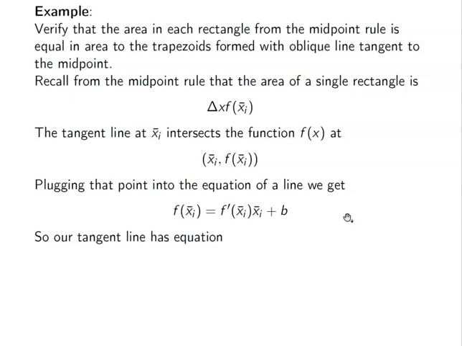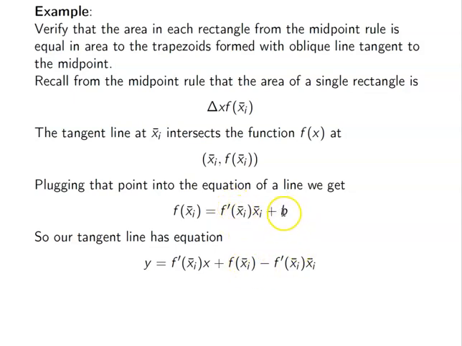So this should be familiar to you. This is the line that this point satisfies. We would like to turn this into something that represents our tangent line, so we would really just need to know this b. All points have x and f of x. The slope is f prime at that point.